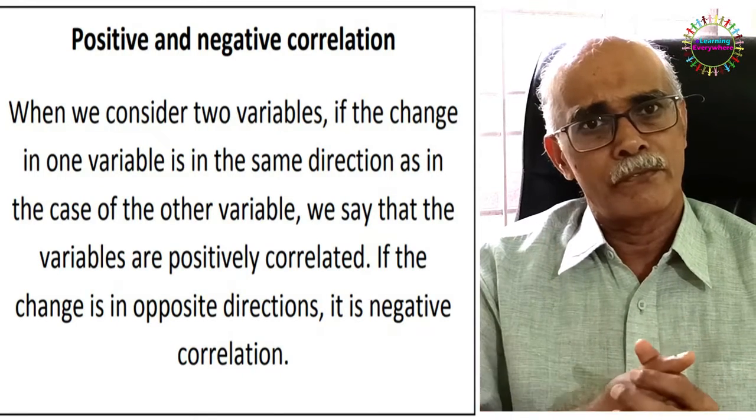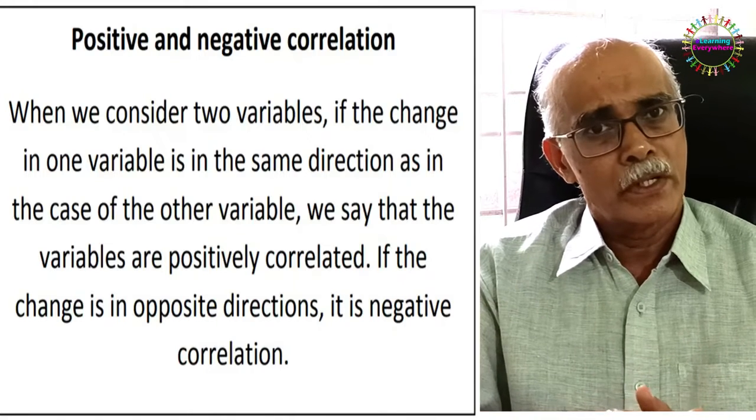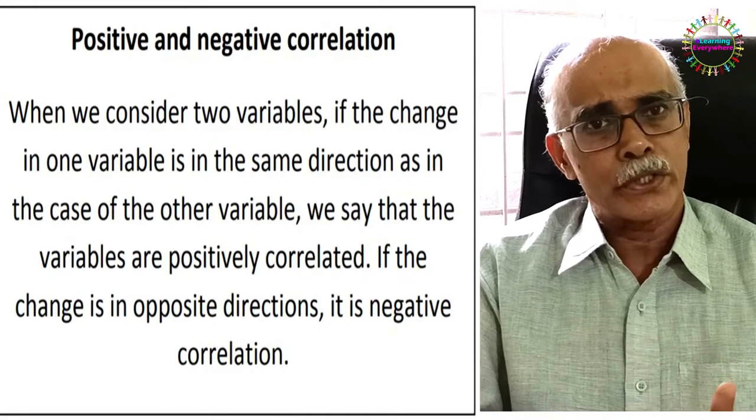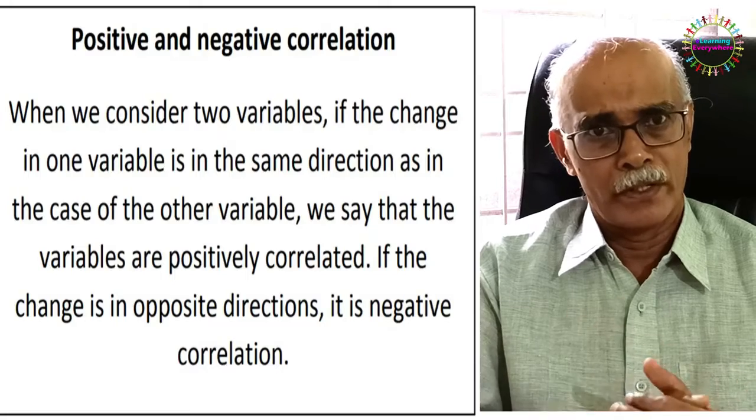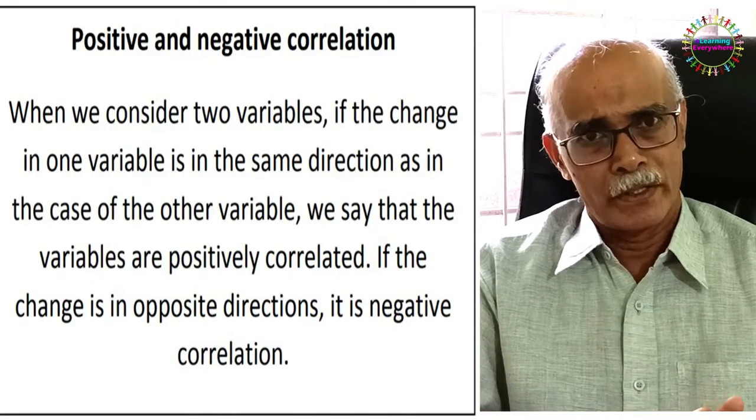And when the first variable increases, if the second variable is getting reduced one by one or getting decreased in magnitude one by one, it is negative correlation. And you see, the correlation may be of different types, positive or negative.